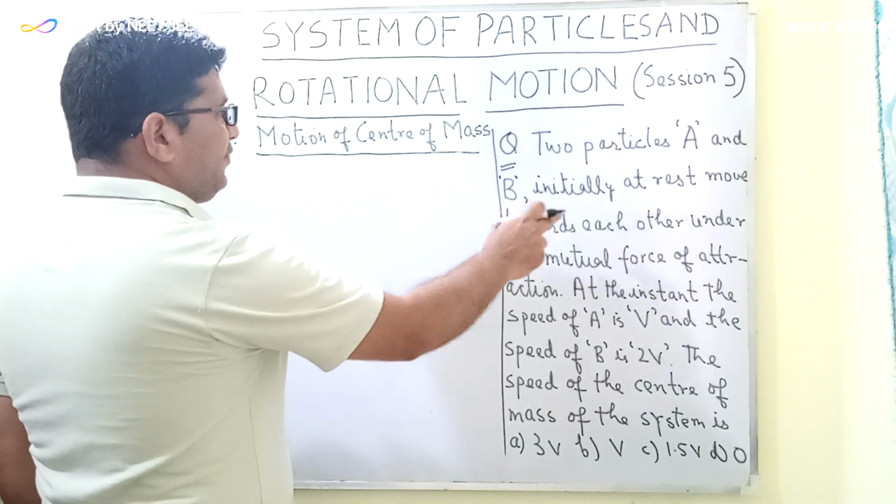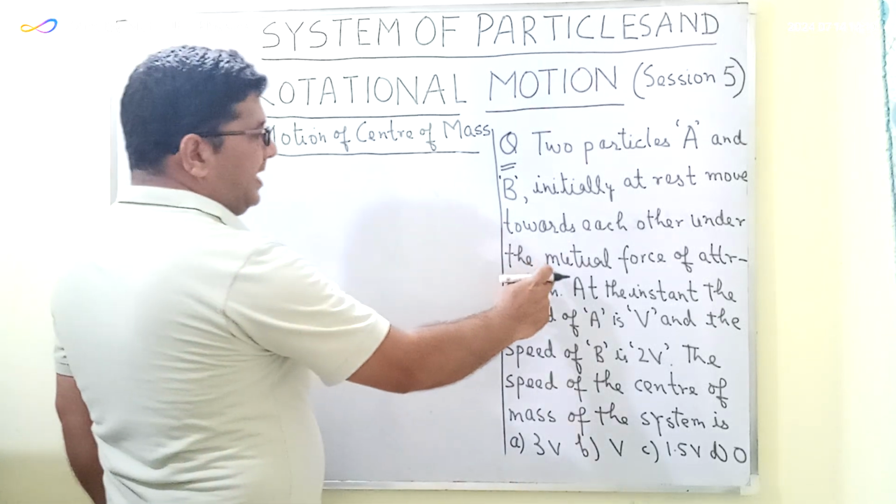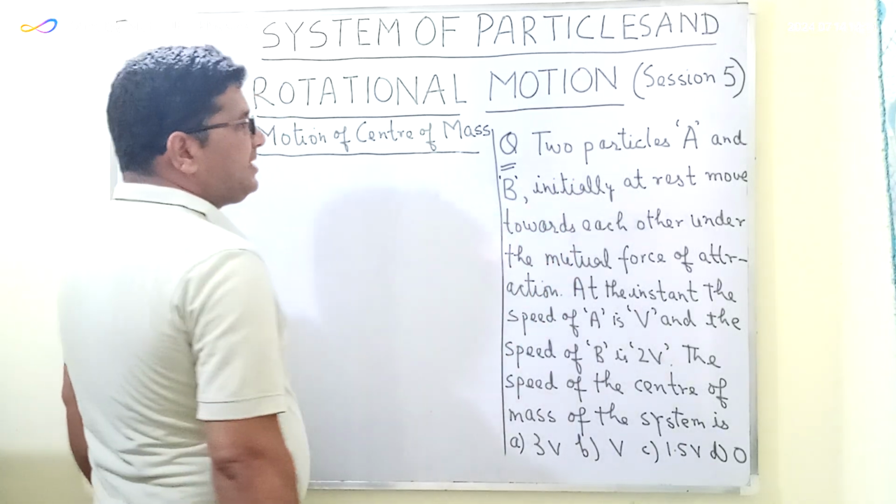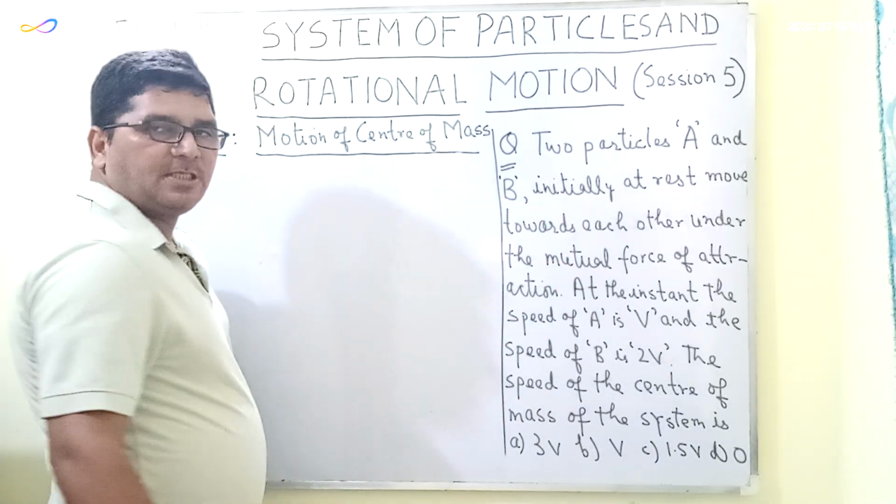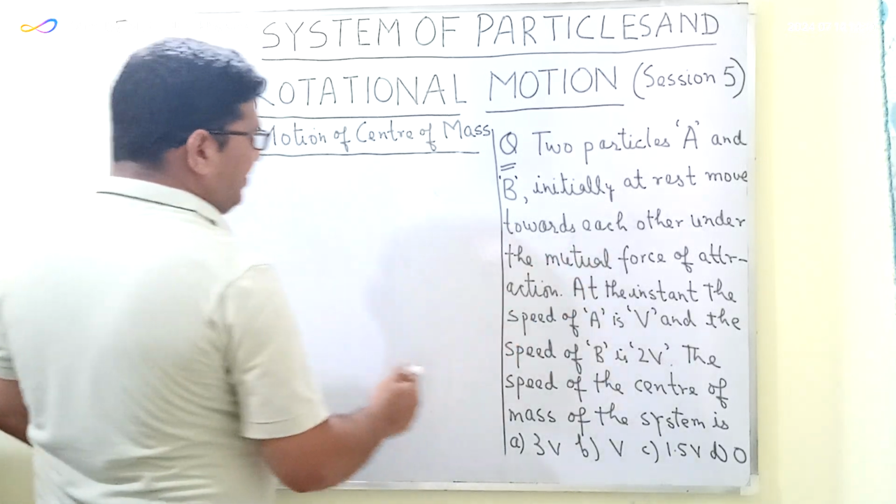Here the first point is that these two particles, A and B, are moving towards each other under the influence of the mutual force of attraction.